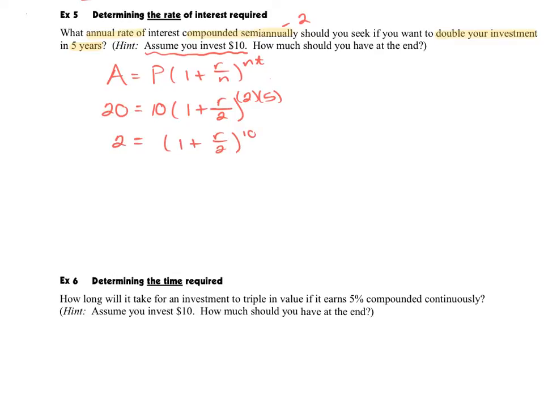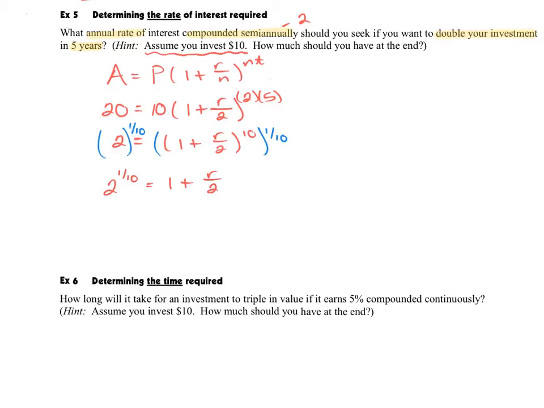Now, this rate is trapped inside this expression here that's raised to the 10th power. So what I'm going to do is I'm going to take the 10th root, or take it to the 1/10th power. I'm going to take the 10th root of each side of this equation, which means in my next step, what I'm going to have is 2 to the 1/10th power equals 1 plus r over 2.